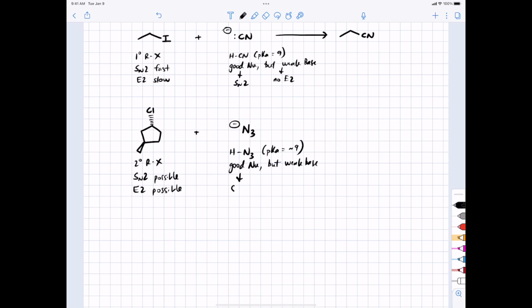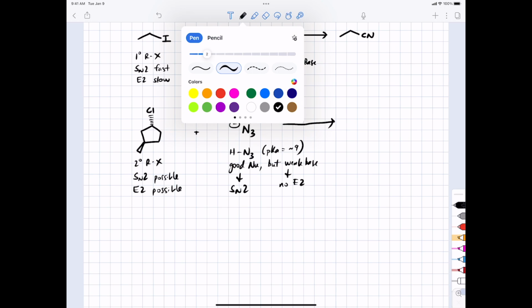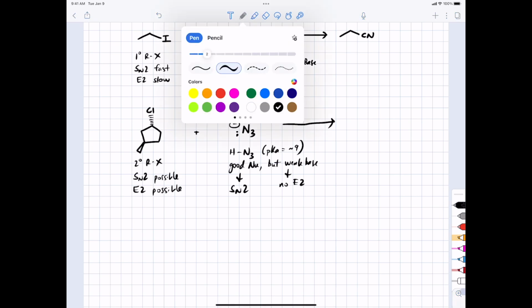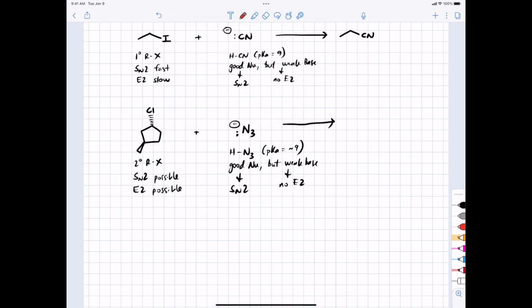So we're going to say that SN2 is fine, but because it's a weak base, we're not going to do E2. And therefore, we should see attack of azide anion on the alpha carbon from the backside to give a substitution product that would look like this.